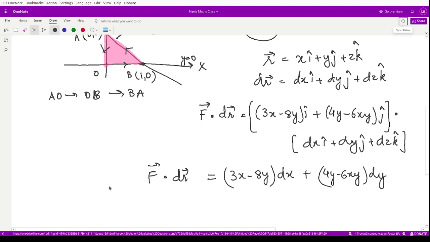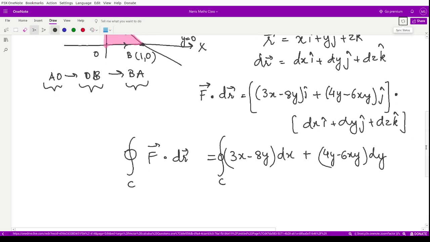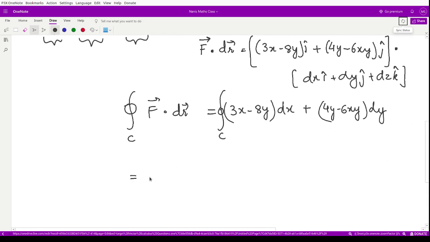Now what we are to do? We are to perform this integration over C. Performing this integration over C means we are to move from the line AO to the line OB to the line BA. So we have to break our curve C into 3 parts because we have 3 lines covering that particular region. So let me rewrite all this.